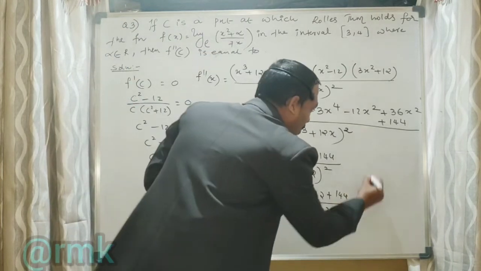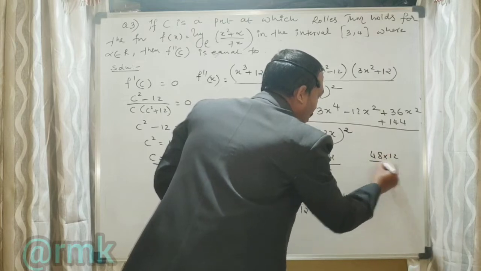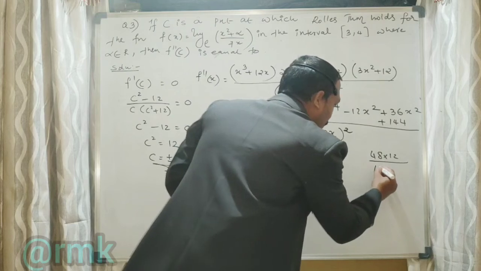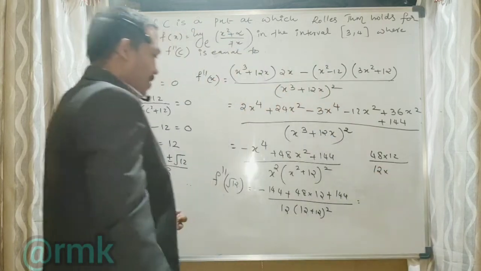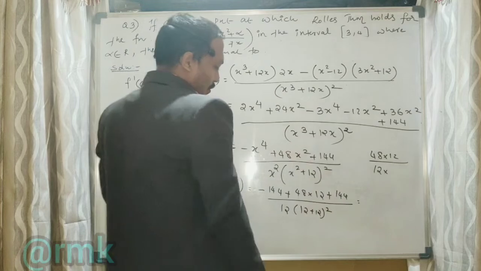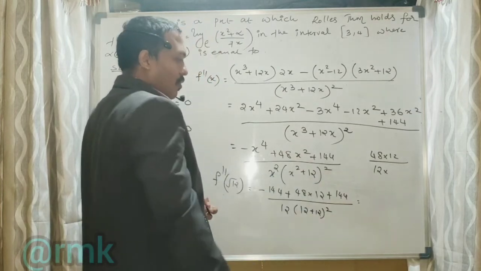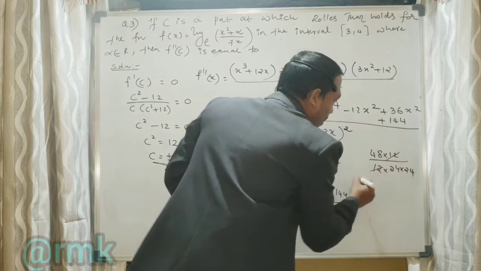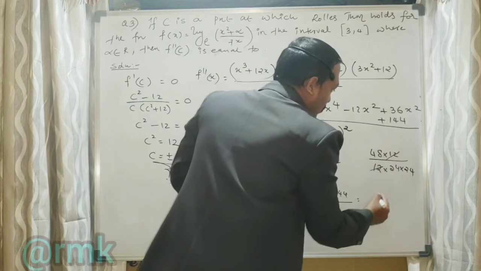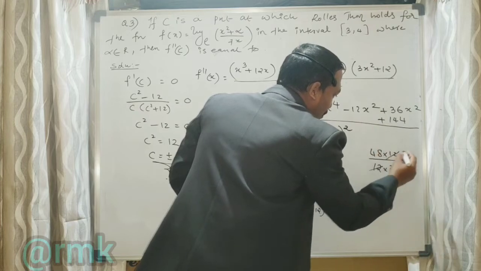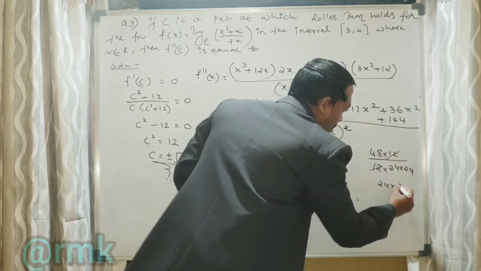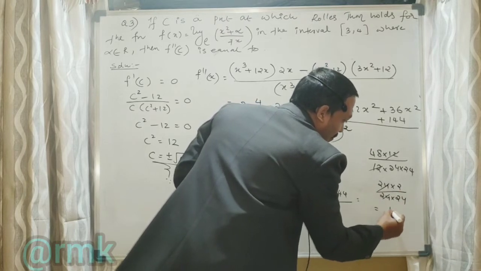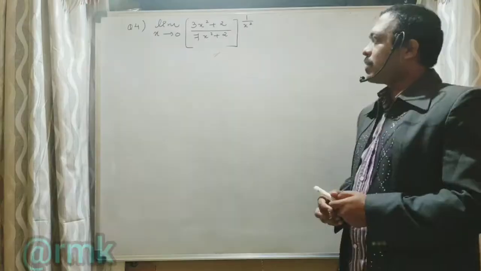That is 48 into 12 divided by 12 into 2 into 12 the whole square or 24 the whole square, 24 into 24. Get cancelled. 48 is 24 into 2. 24 into 2 by 24 into 24. That is equal to, 24 getting cancelled, 1 by 12.